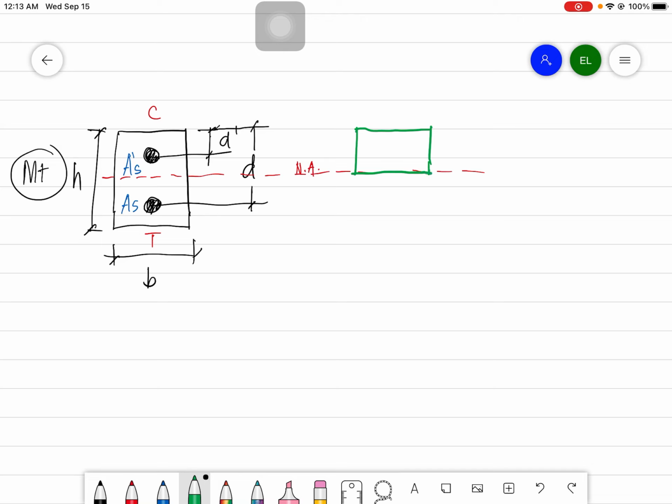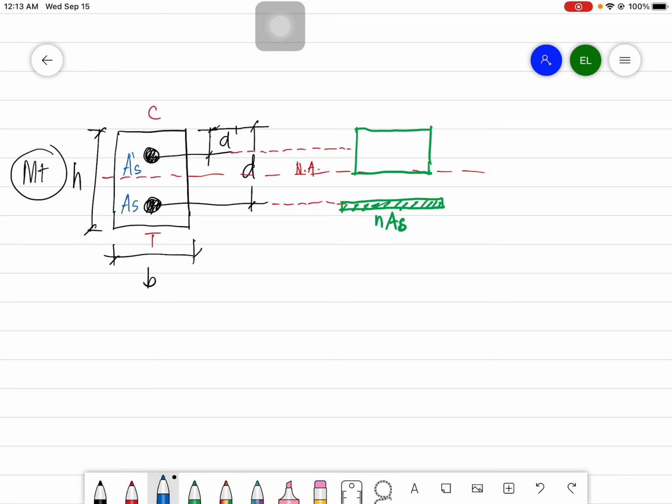This is the concrete part now. Then what happens is that you will have a fictitious concrete area here for your tension steel bar as your nAs.